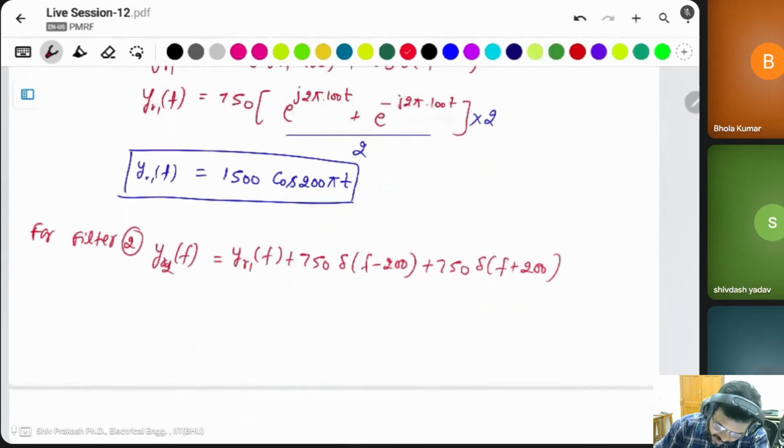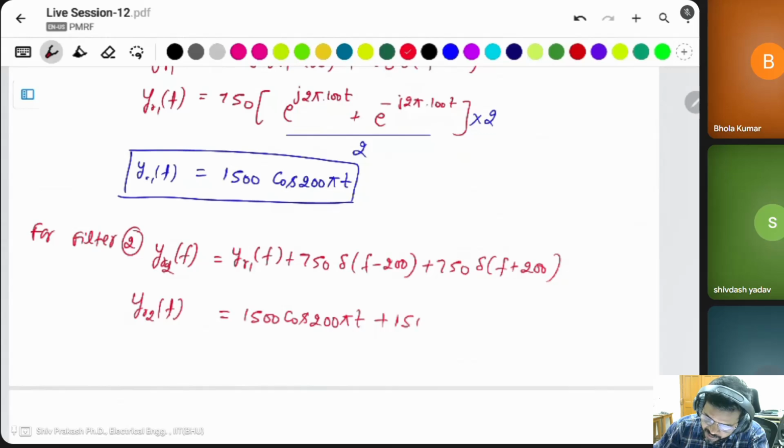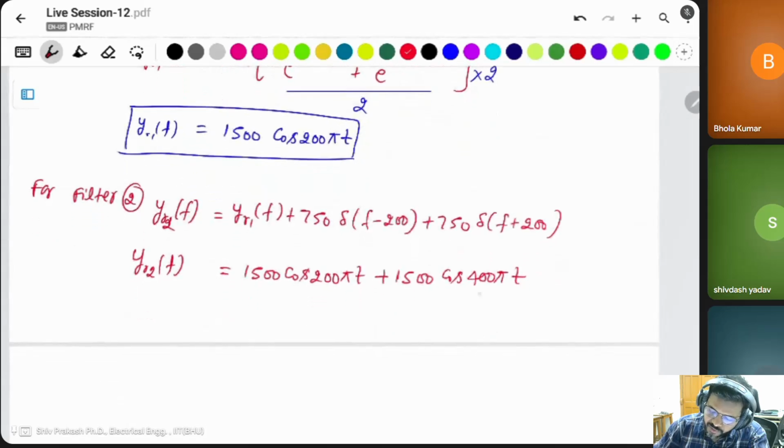If you convert this one in the time domain, then this will be y_r1, or this will be 1500 cos of 200 pi t, plus this will be same thing 1500 cos of 400 pi t. We have changed into omega t, that's why this was the frequency 200, 2 pi f is equal to 400 pi.